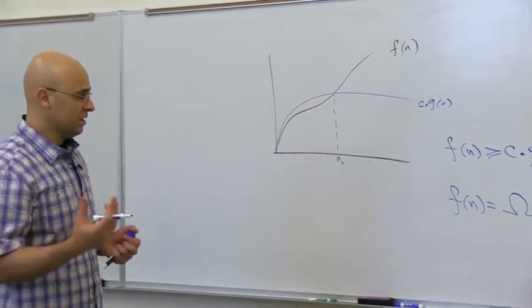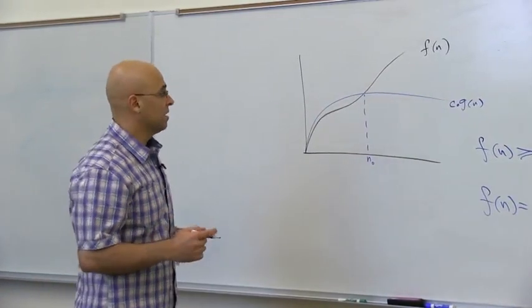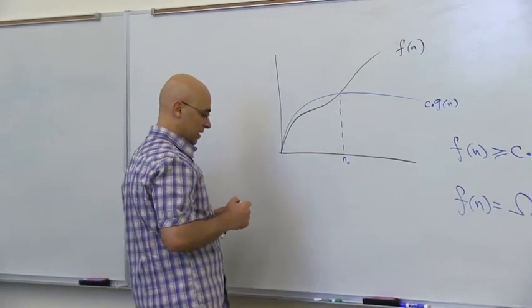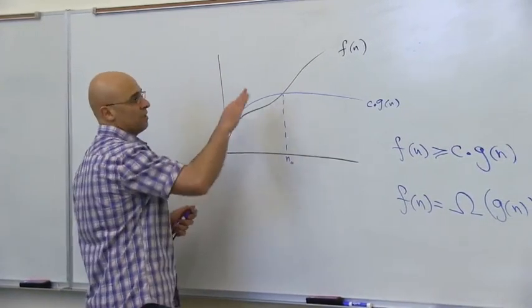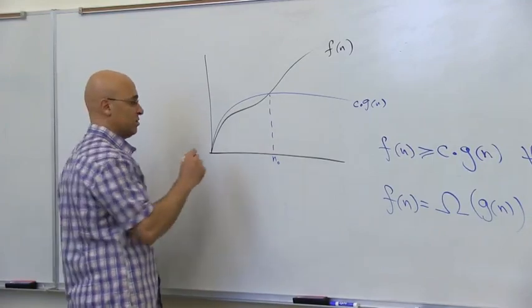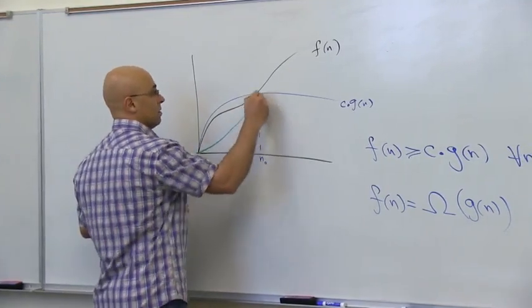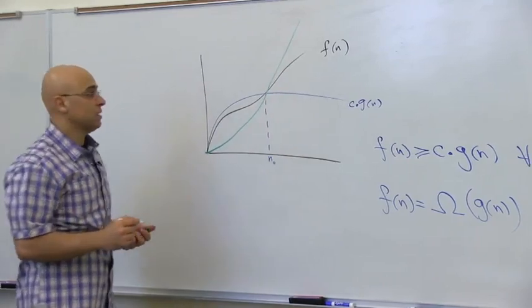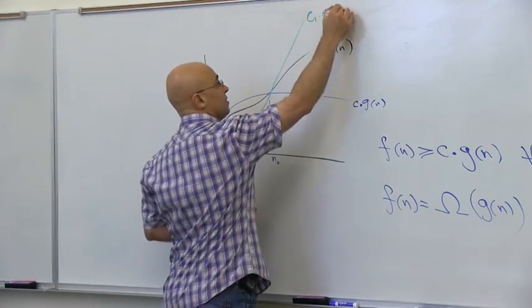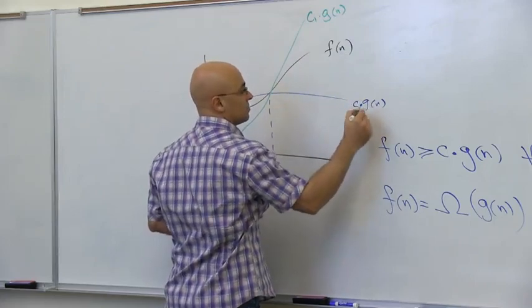Okay? The third asymptotic notation is that I can take this function, f of n, and now I can bound it from below and from above by two different constants multiplied by the same function g of n. Okay? So we have now c1 times g of n, and we have c2 times g of n.